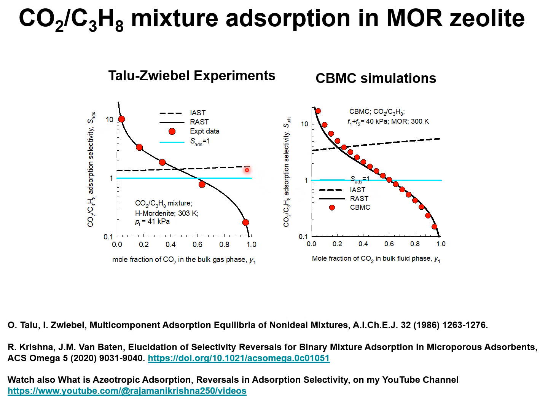Indeed, selectivity reversals are not anticipated by the IAST, and the IAST anticipates the selectivity to always favor carbon dioxide.